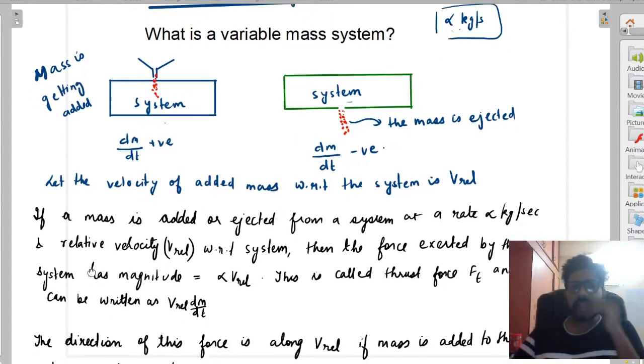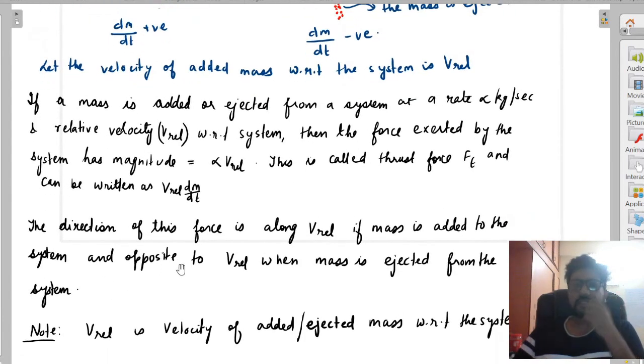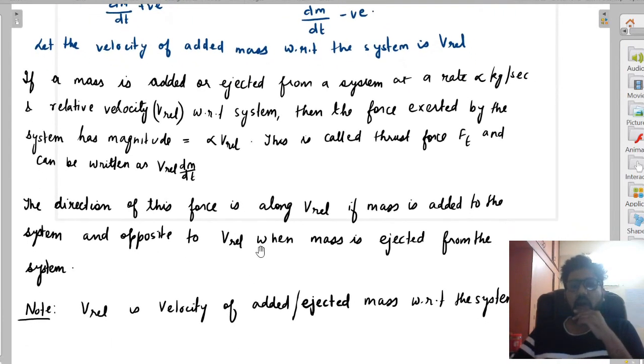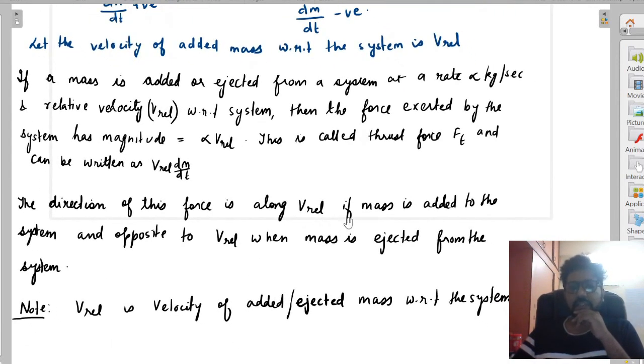Now, what is the direction of this thrust force? The direction of this thrust force is along the v relative if mass is added to the system. So if mass is added to the system, that means dm by dt is positive and the force is in the direction of v relative. Okay, and opposite to v relative when the mass is ejected from the system, because when the mass is ejected, then dm by dt will be negative and the force will be minus of v relative alpha.